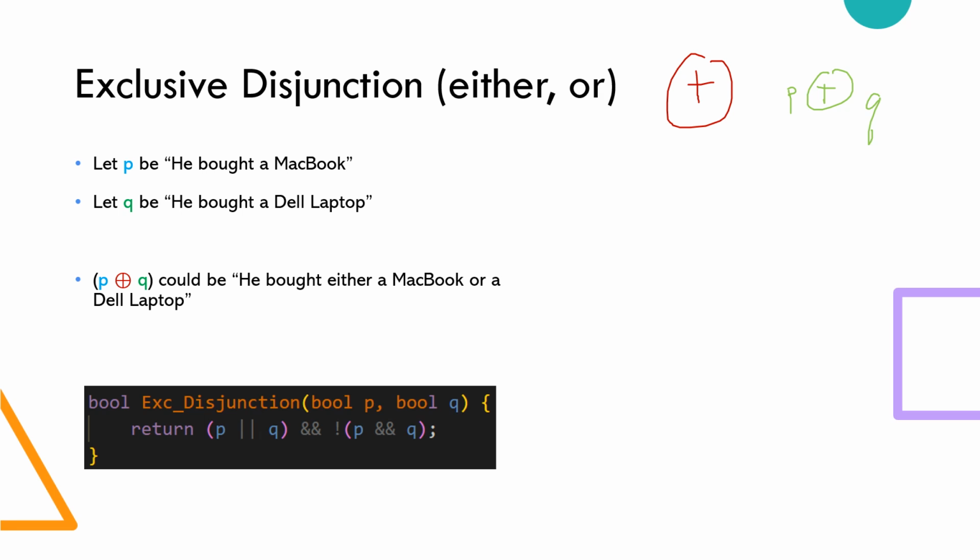If you needed to get a laptop and you had two options, you can buy a MacBook or you can buy a Dell laptop. So P exclusive or Q would be he bought either a MacBook or a Dell laptop. And here's a truth table for it. P, Q, and P exclusive or Q.